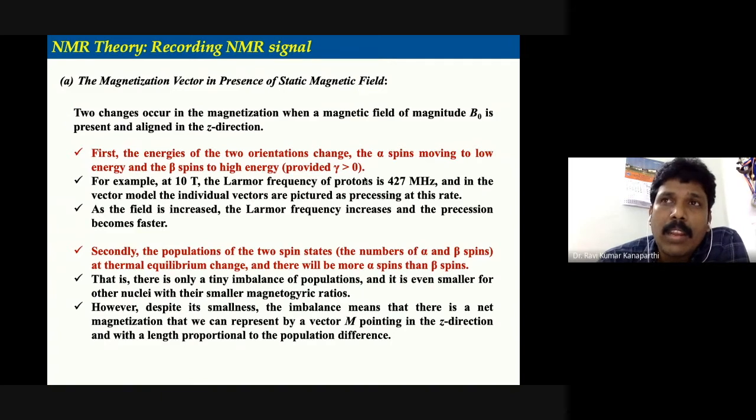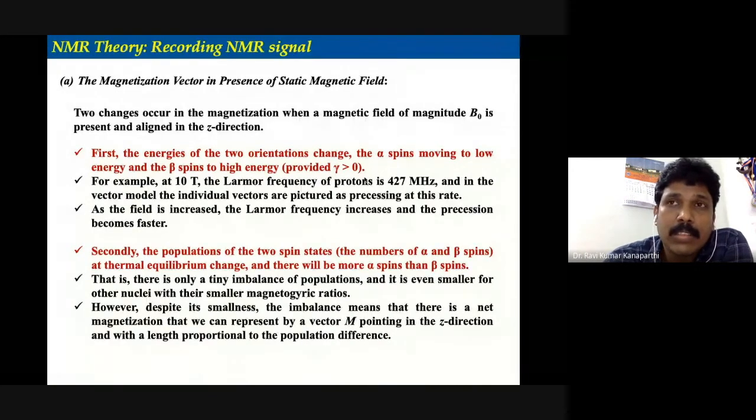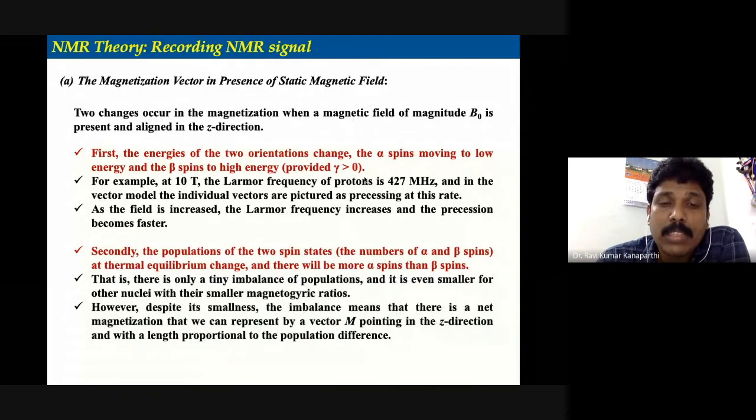Secondly, the number of spins is also changing. There are more alpha spins pointing towards the applied magnetic field, and as compared to the alpha spins, fewer beta spins are opposing. So these are the two different things that happen.